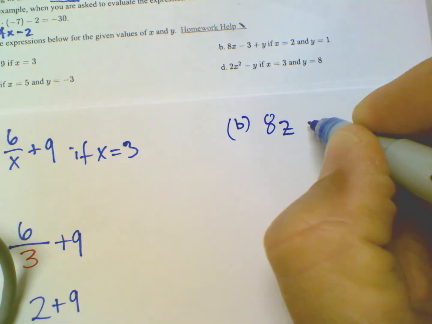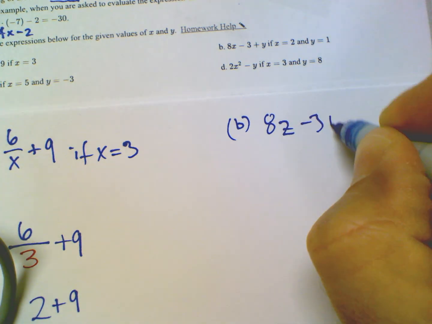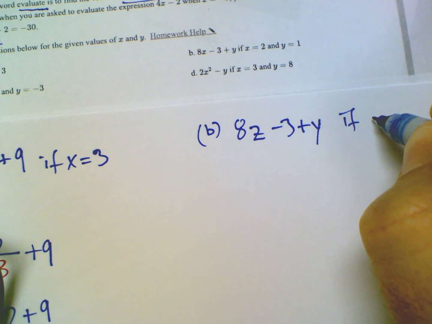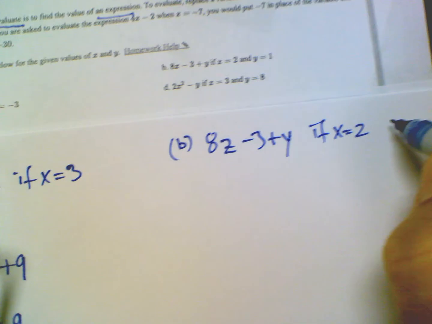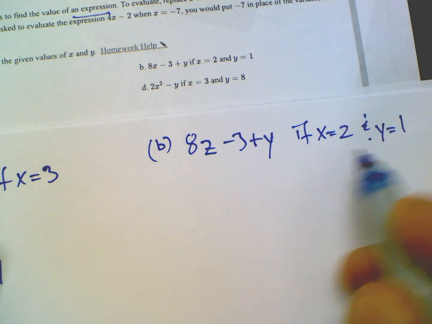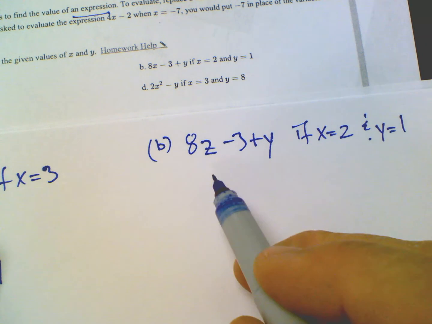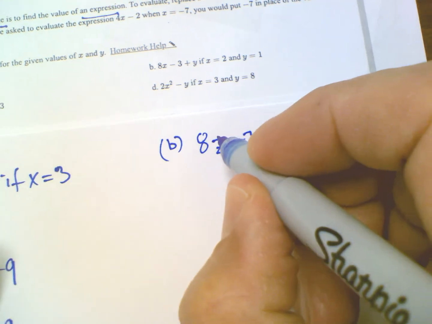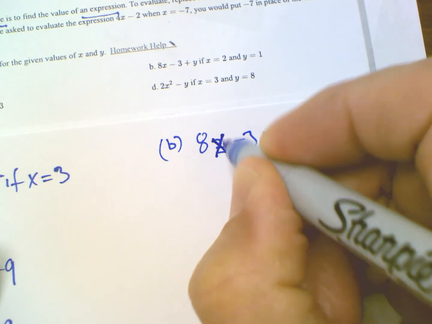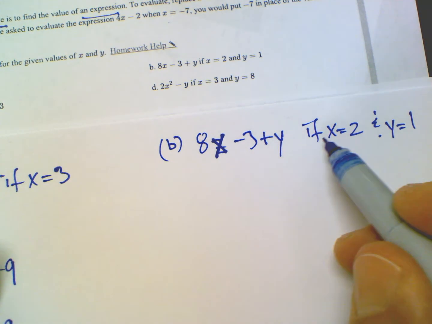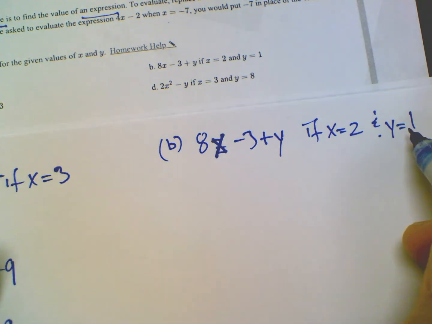So B says 8x minus 3 plus y. I said z, that's an x, I'm sorry. I wrote that wrong: 8x minus 3 plus y. So x equals 2, y equals 1.